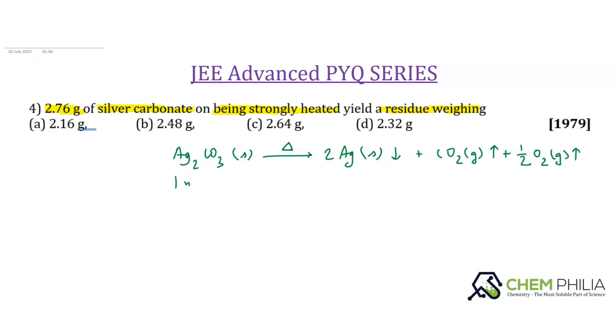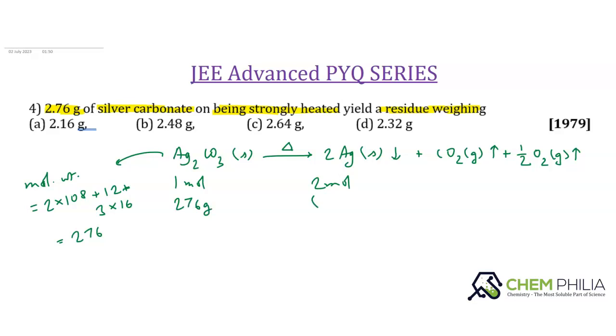So you can see 1 mole of silver carbonate produces 2 mole of silver, right? Now what is the molecular weight of silver carbonate? Its molecular weight is 2 into 108 plus 12 plus 3 oxygens are there, 3 into 16. So it's coming out to be 276. So 1 mole means 276 gram, and 2 moles means 2 into 108, that is 216 grams.